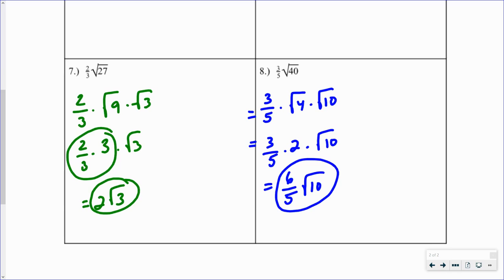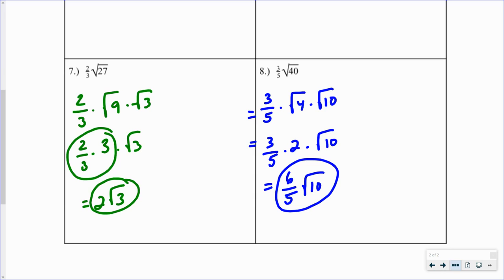So when you're asked to simplify a square root, all you really need to do is take out as many perfect square factors as you can by applying the product property of square roots, and writing it as a product when you're finished. So you're going to have a rational number outside of the radical, and then an irrational number, which is your radical expression, remaining.